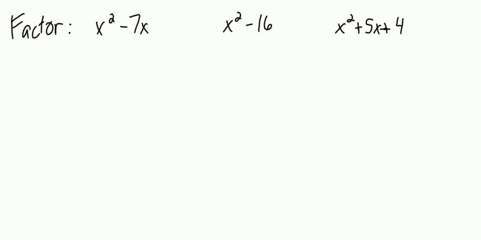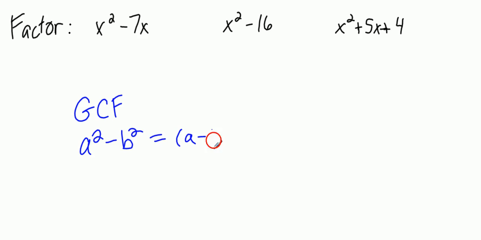We're going to discuss and review the three basic factoring techniques. We refer to them as GCF, which stands for greatest common factor. There's a difference of squares, a squared minus b squared, which always factors into a minus b times a plus b.